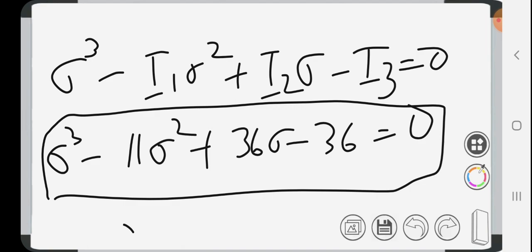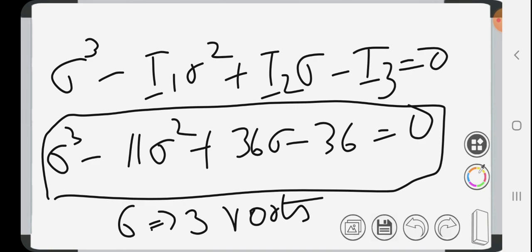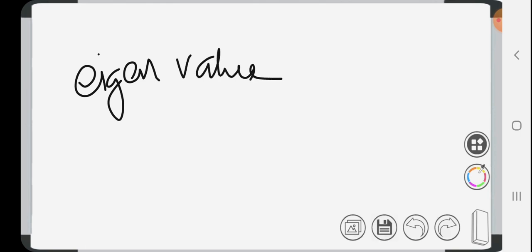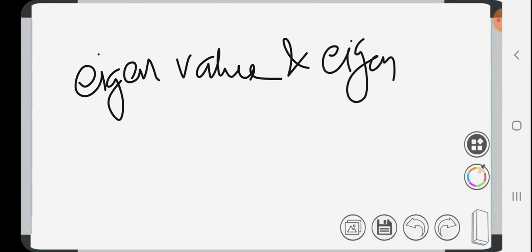If you solve this equation, sigma will take 3 values, 3 roots, since its degree is 3. You can use a scientific calculator to solve this equation, or you can use the eigenvalue and eigenvector method.